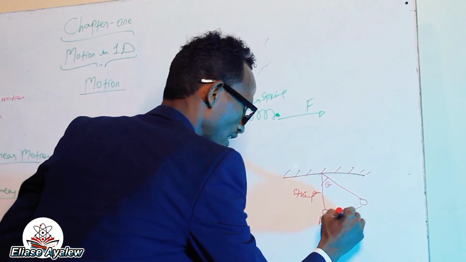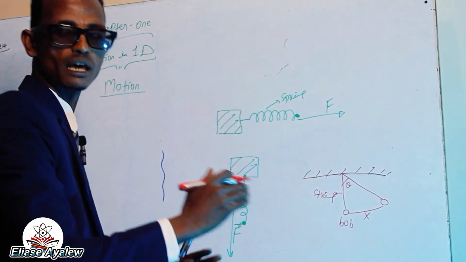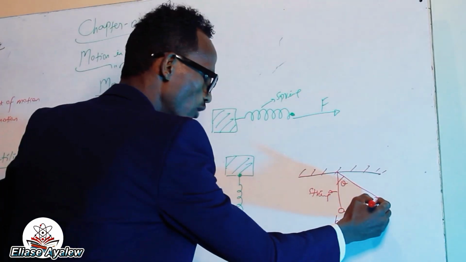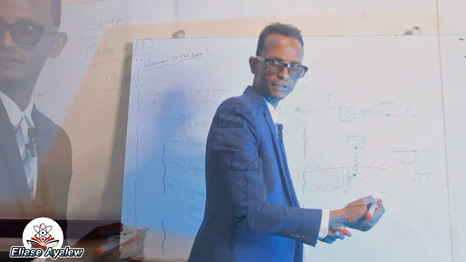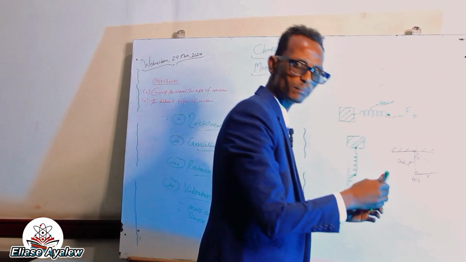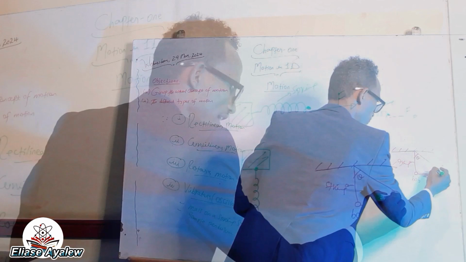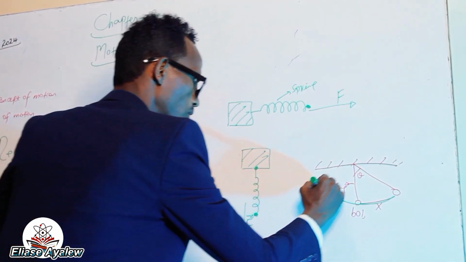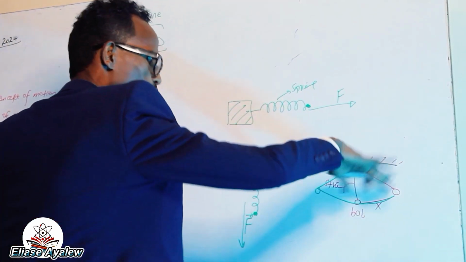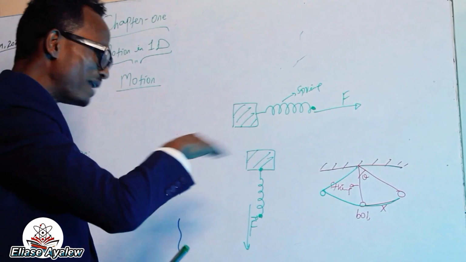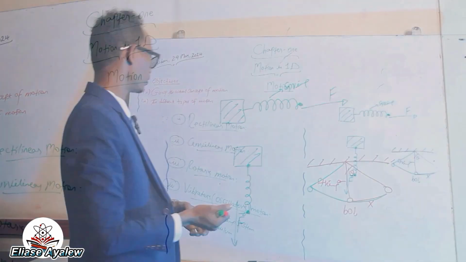This is the distance that we displace the bob to the right. And when we release it, what will happen? The bob starts to oscillate back and forth. So this back and forth movement of the bob along the same line of action is a good example of vibratory motion.